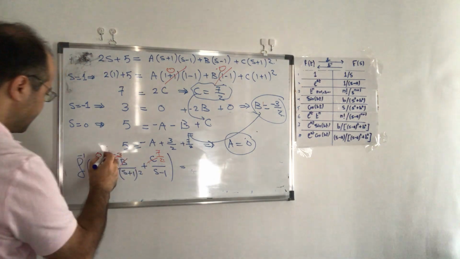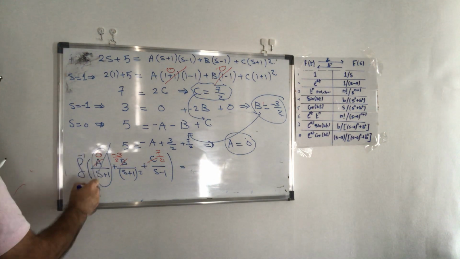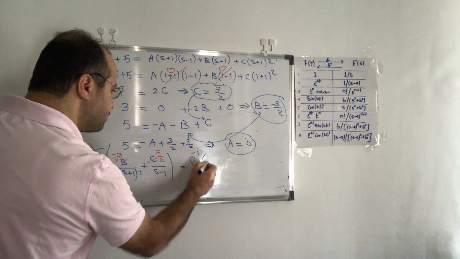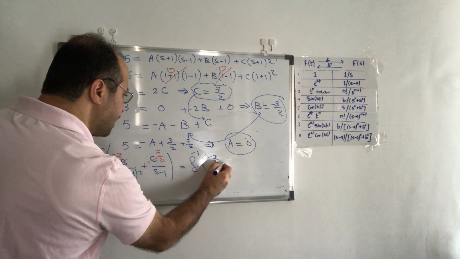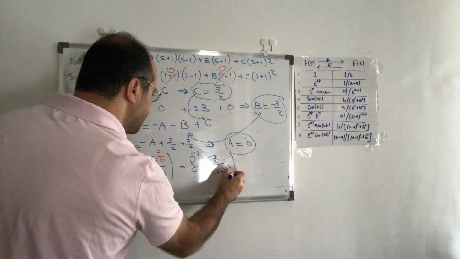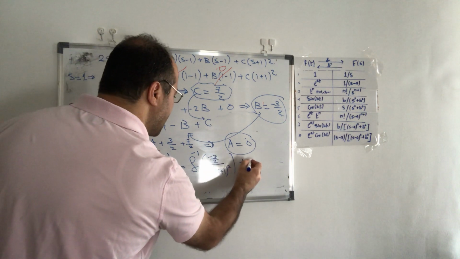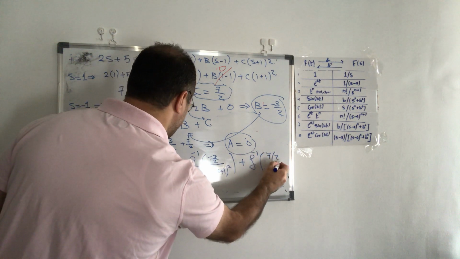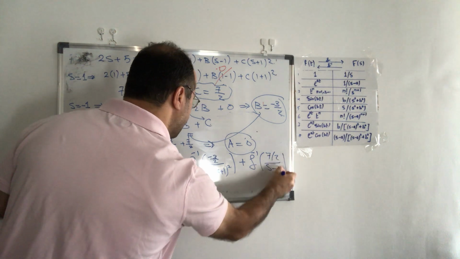This is completely 0. Then I'm going to have Laplace inverse of minus 3 over 2 over S plus 1 squared, and then plus Laplace inverse of 7 over 2 over S minus 1, right?